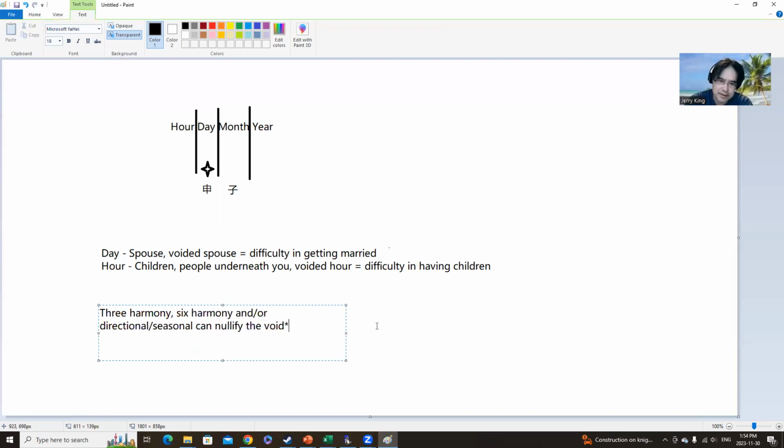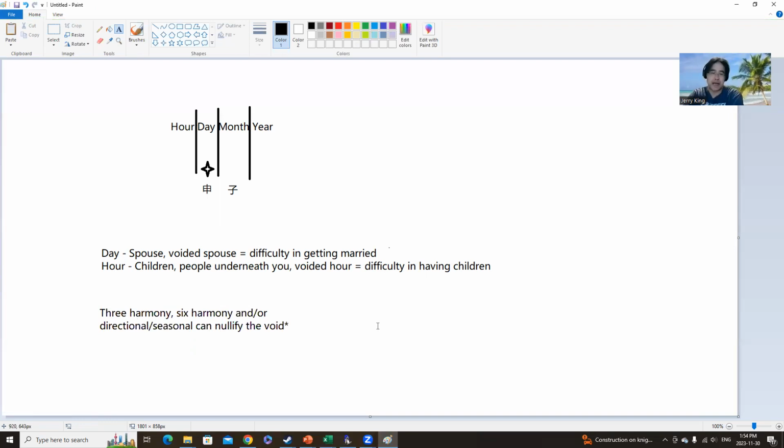It really depends on how you see it and how it's done. There's no set formula. You can't just look at four pillars and say, oh, this is a set formula. So we have a three harmony, boom, the void is nullified. Or you can't just say, oh, none of the combinations can nullify the void. The void is there in the chart. You can't say that, right?